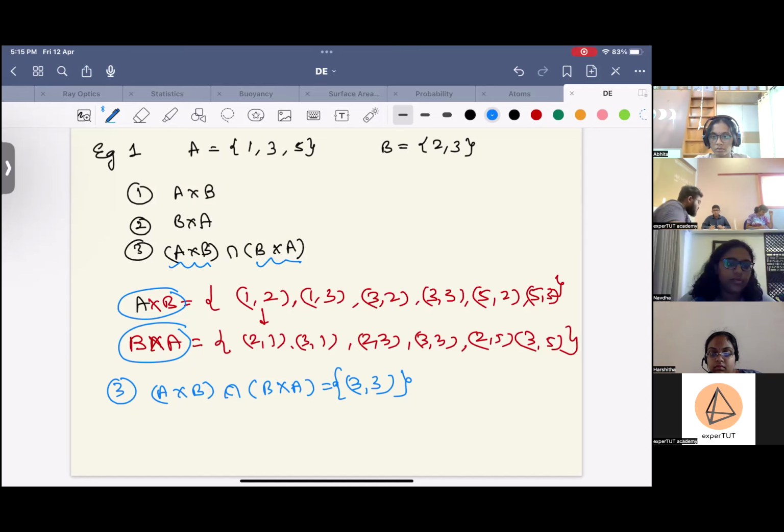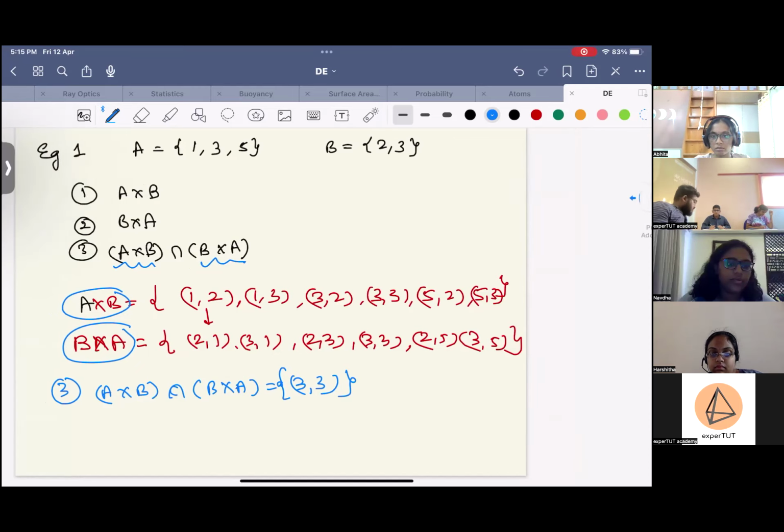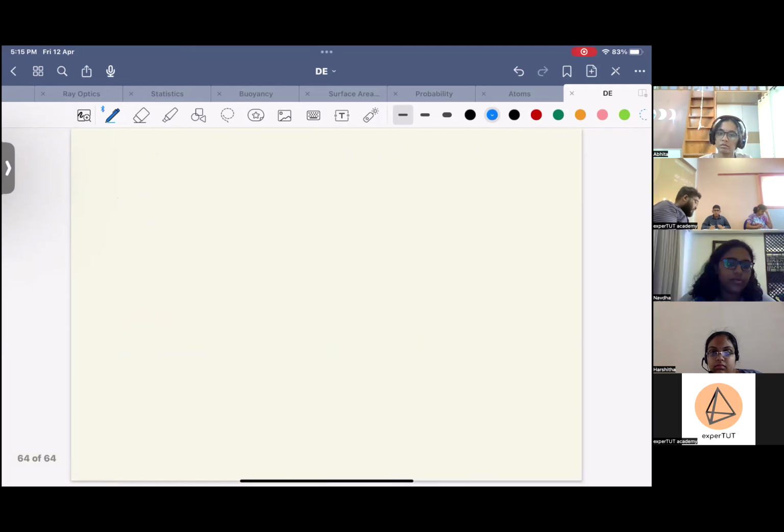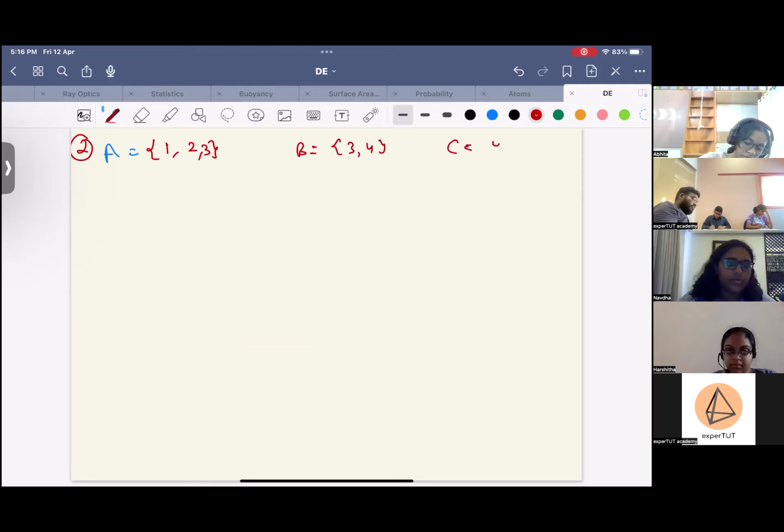Okay, now you write this. Example 2: if A is equal to 1, 2, 3, B is equal to 3 comma 4, C is equal to 4, 5, 6. A is this, B is this, C is this.